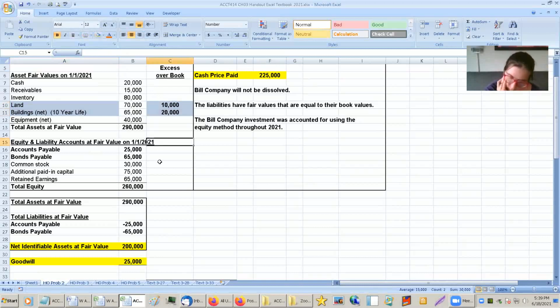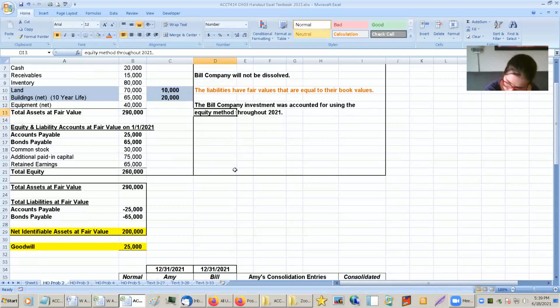The excess assets are already given to us. Liabilities are good to the book values.